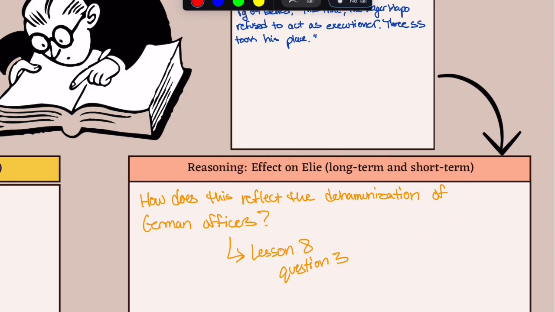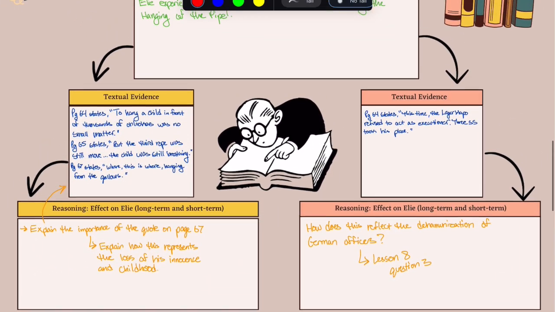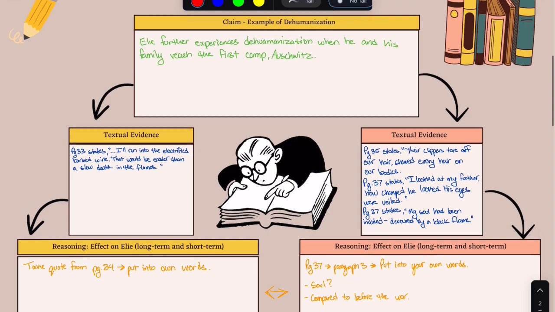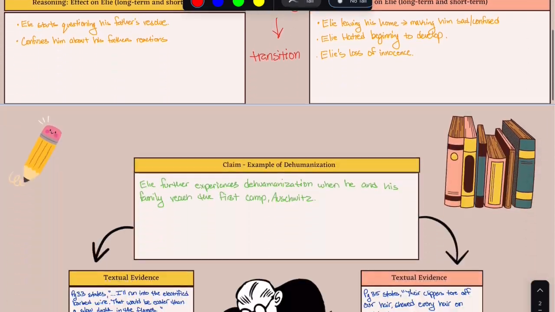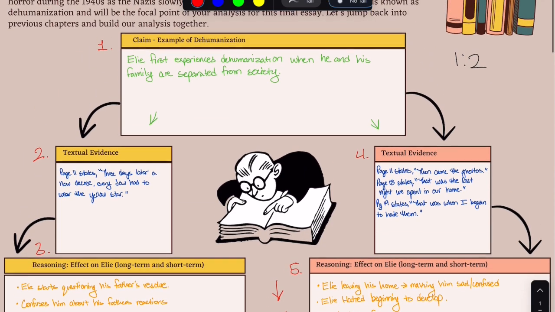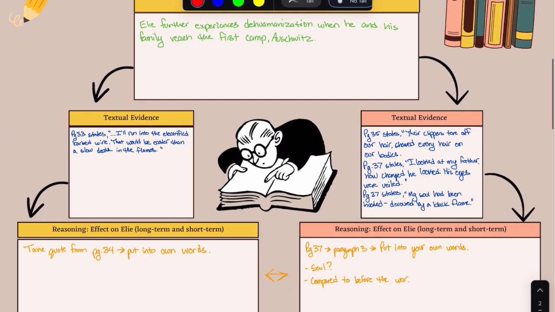Okay, so there we have it. We have all 3 body paragraphs written out, outlined, ready to go. Just follow along. I numbered these 1, 2, 3. Just follow that same structure for these. Actually, no, I'm going to go ahead and write them in while we are together.